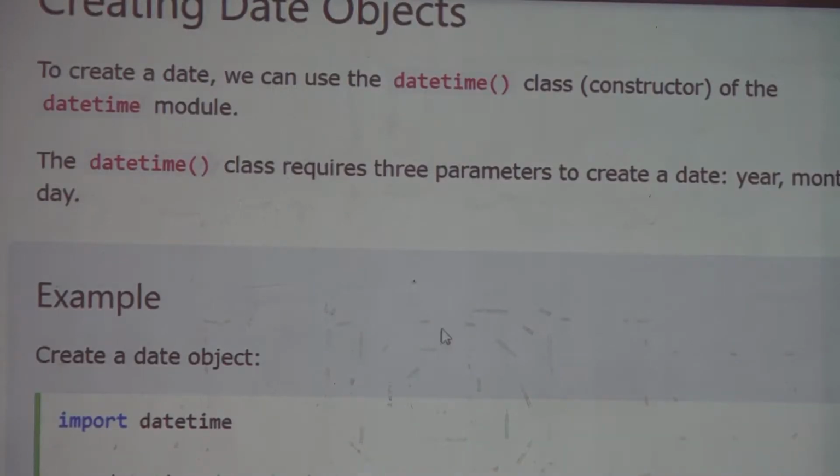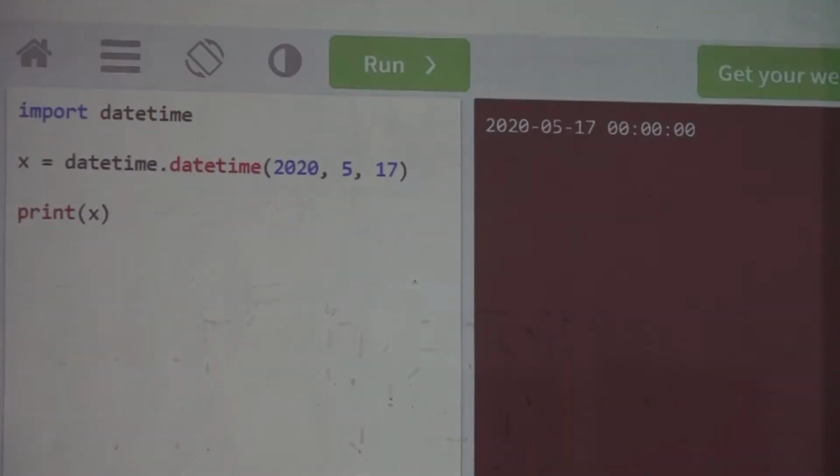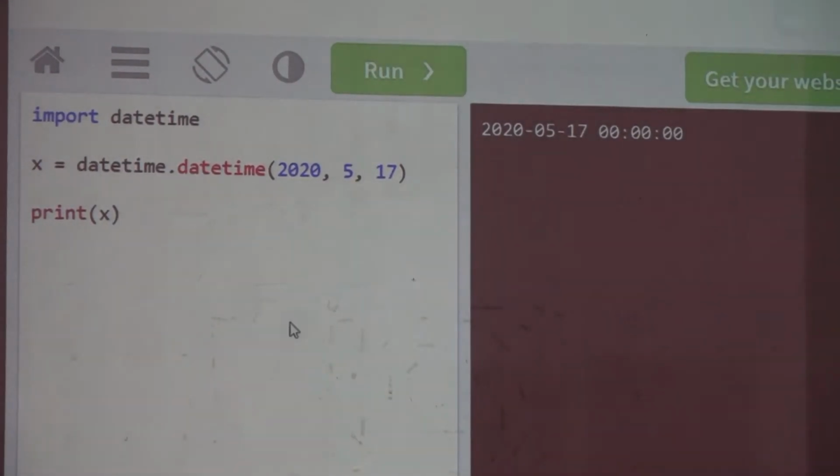So how do you create date objects? This is the normal way of creating a date object. If you just say date time now, you will get this. And if you want a particular date to be converted, then you have that kind of thing, date time 2020, that is the year, month, and day.